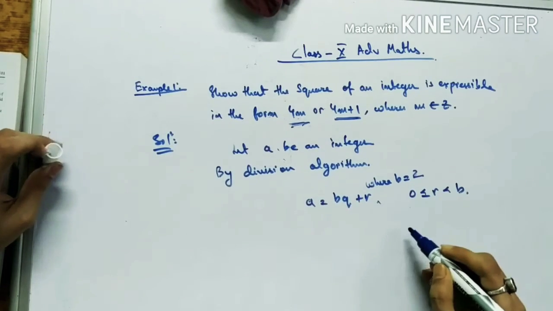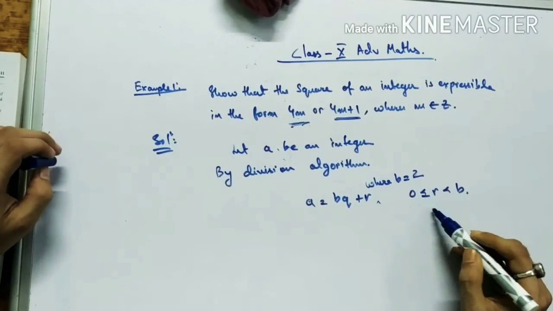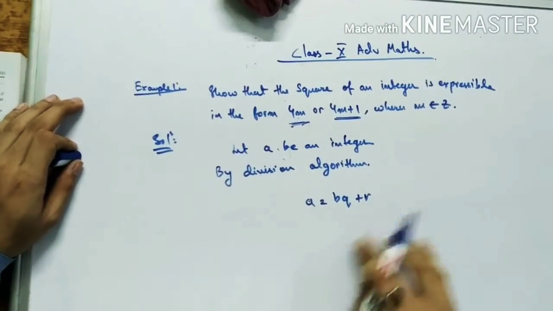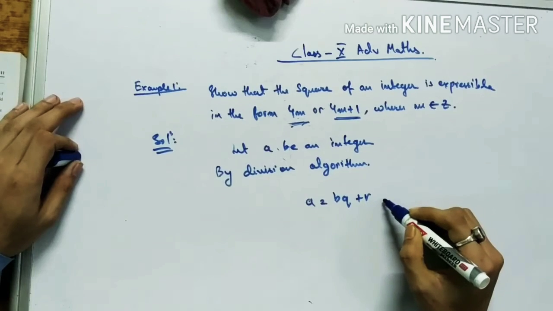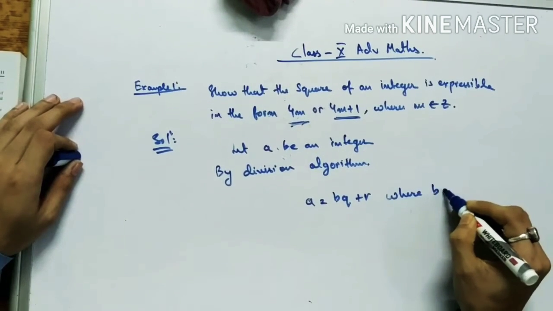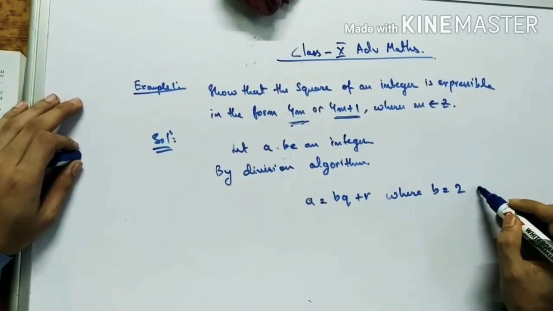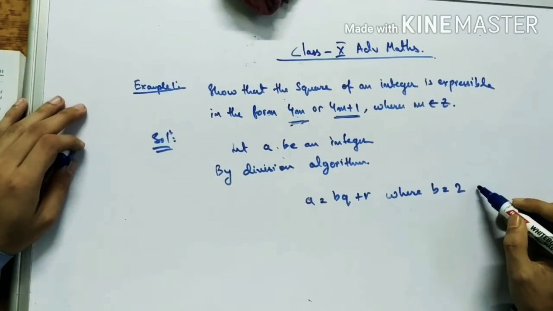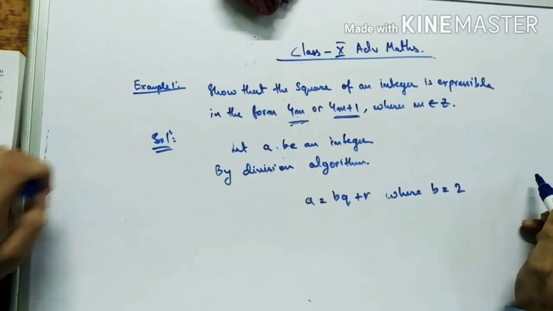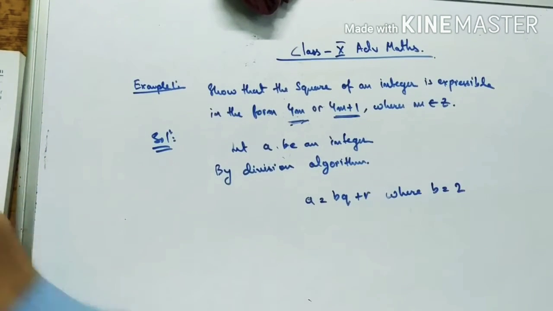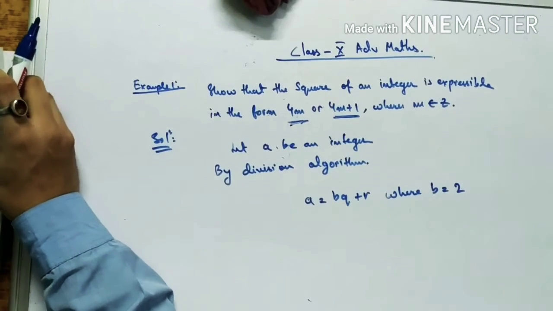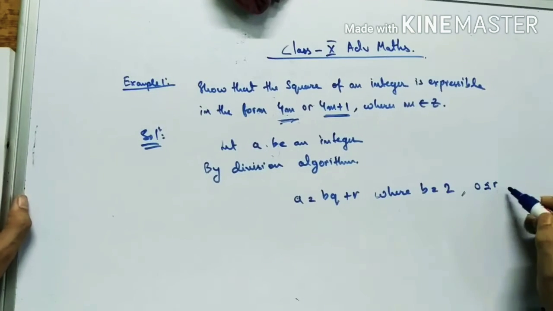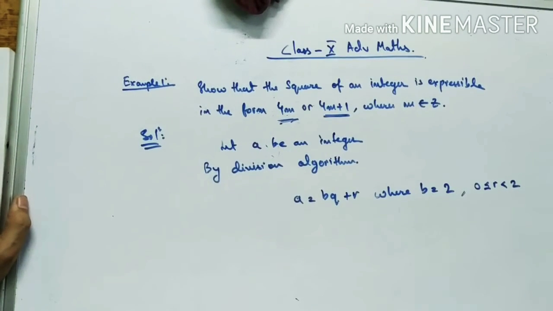let me write nicely. By division algorithm, a is equal to bq plus r, where b is equal to 2, so r will be greater than or equal to 0 and less than 2.